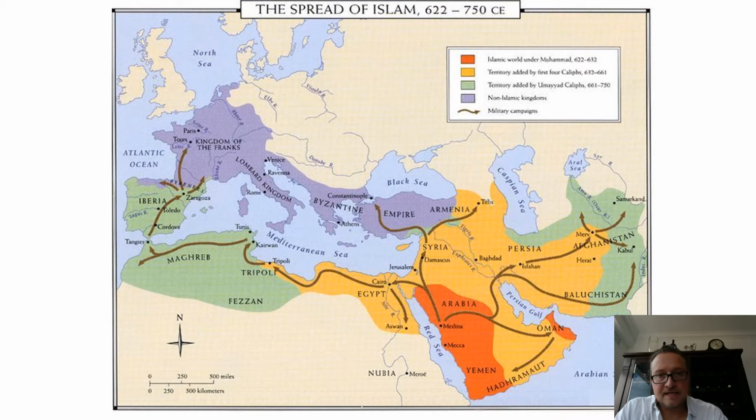Whilst Europe, here in blue, is trying to consolidate power and is torn apart by civil wars, in the year 622, Muhammad establishes the latest update of the Abrahamic religions and triggers an enormously successful spread of this way of thinking and of his religion all over the known world by that time.